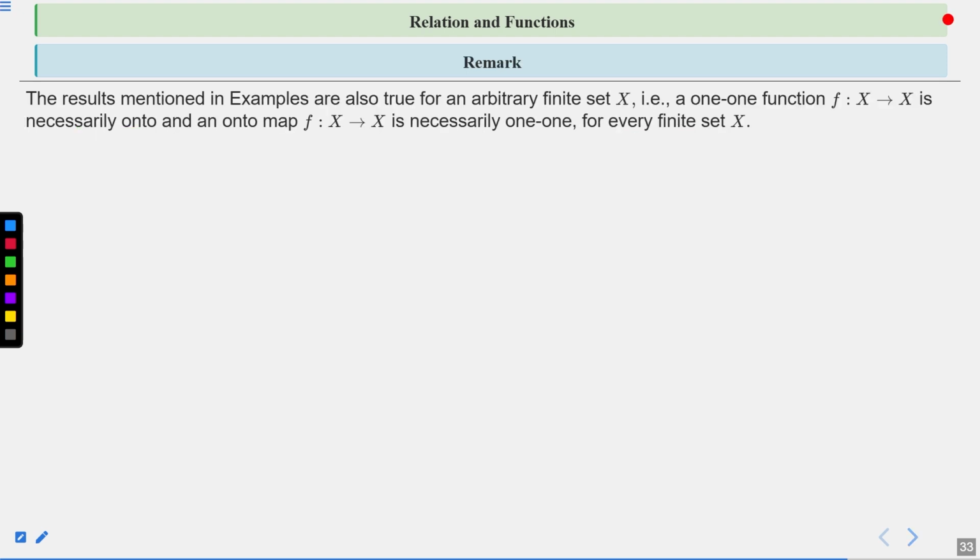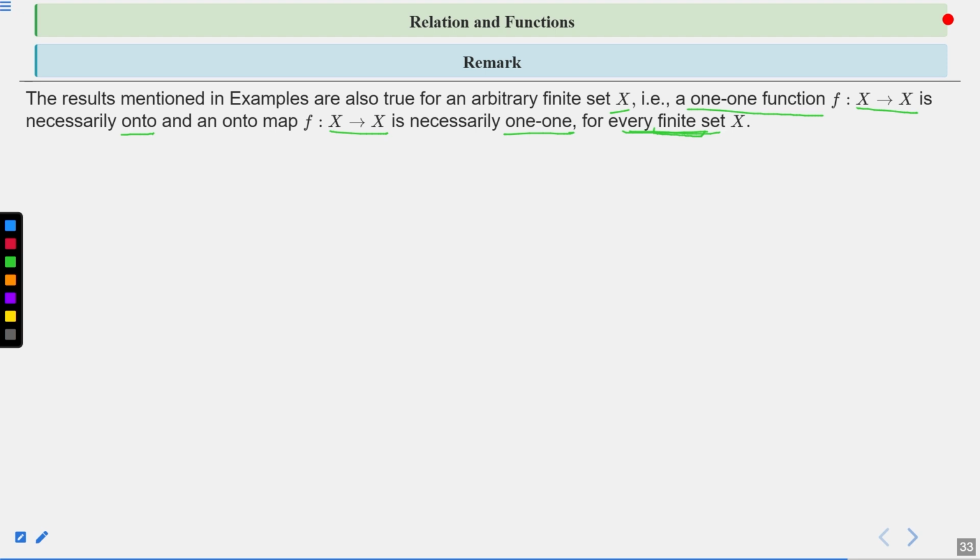Now a remark: the results mentioned in the examples are also true for an arbitrary finite set X, that is, a 1-1 function f from X to X is necessarily onto, and an onto map from X to X itself is necessarily 1-1 for every finite set. Finite set means we can easily count the number of elements.